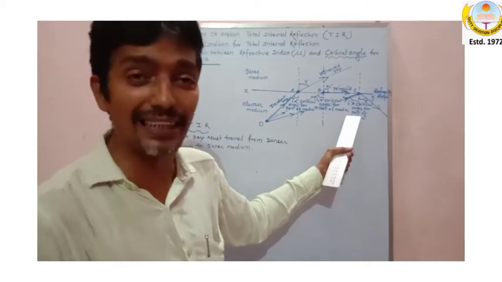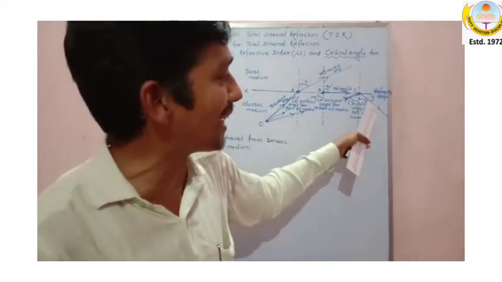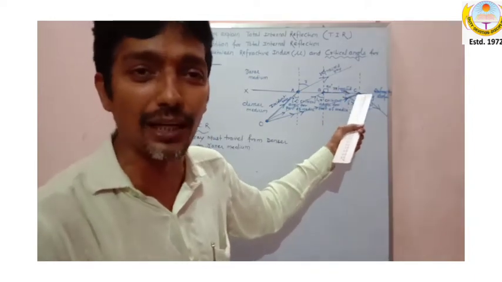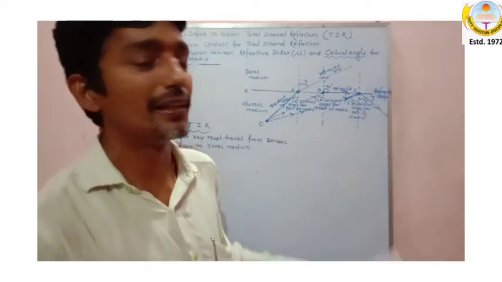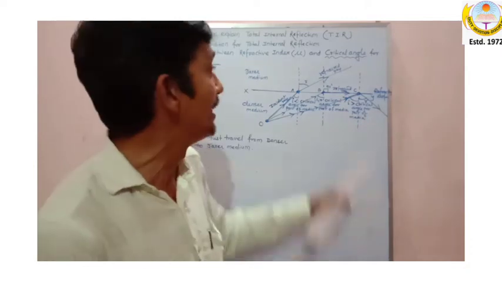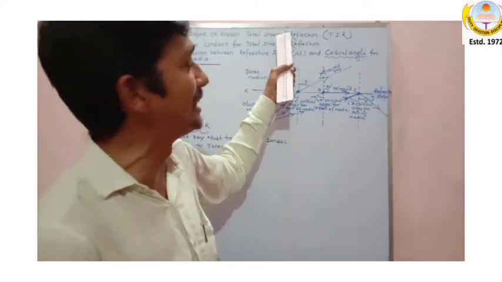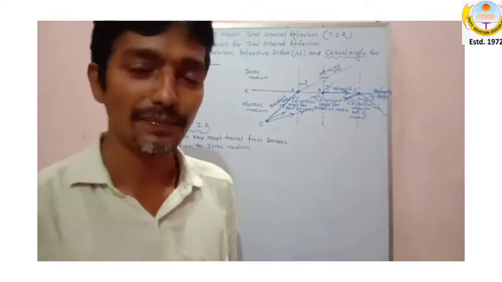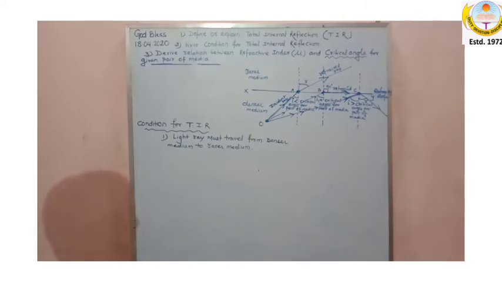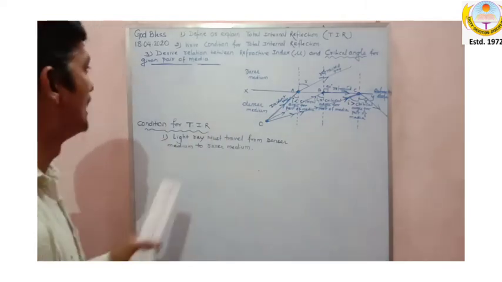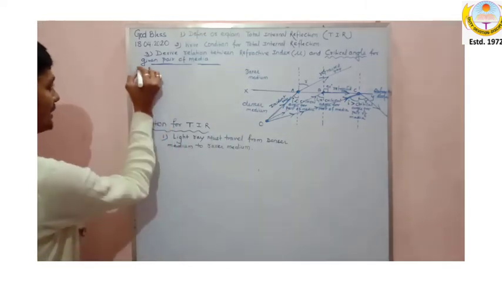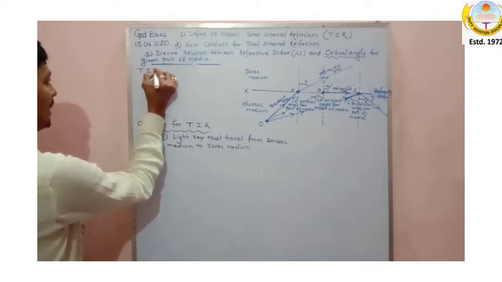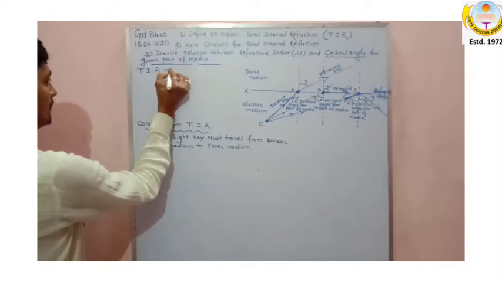And if this happens, then the entire ray of light, because in the previous case the light had come to 90 degrees in refraction, is now totally internally reflected in the same denser medium. So this is the concept, my dear, and now I can tell you what TIR is, what is total internal reflection.